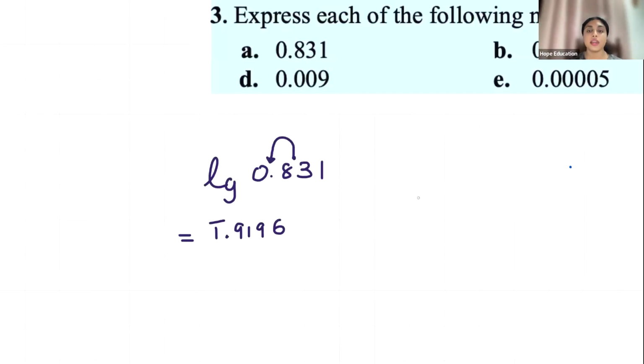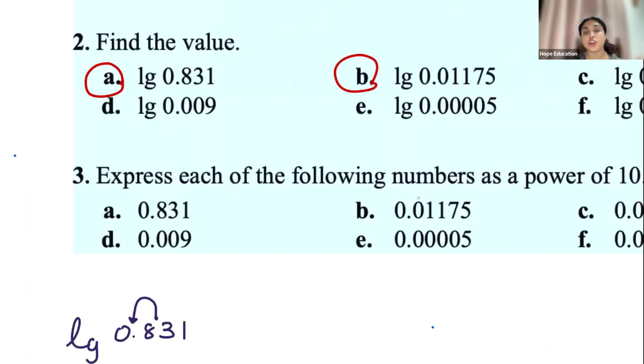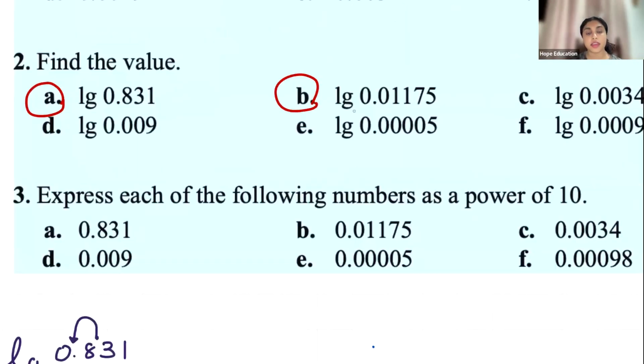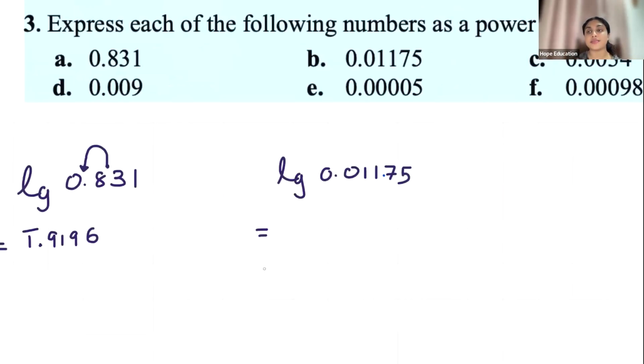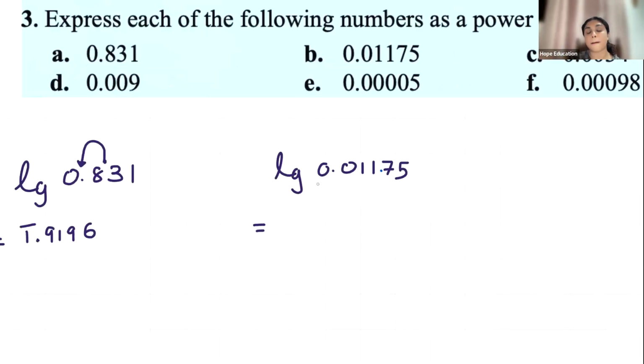Okay. B, LG 0.01175. Forget about the decimal places and the zeros, look at the numbers 1175. Quickly tell me the log value of 1175. 0701.